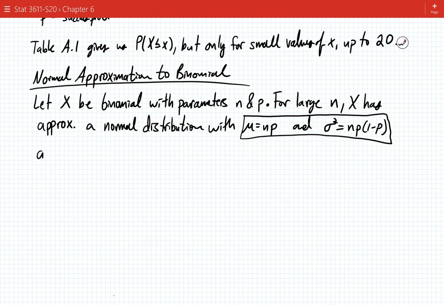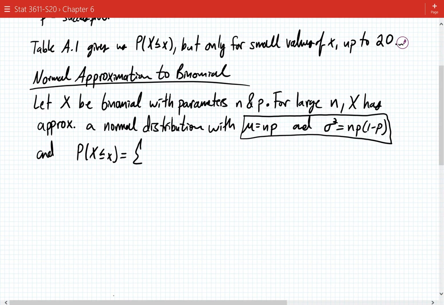And so if that is approximately normal, then if you want the probability that x is less than or equal to some value little x, by definition, since x is a binomial distribution, this is discrete, then we're going to sum over all of the binomial probabilities as k goes from 0 to x.